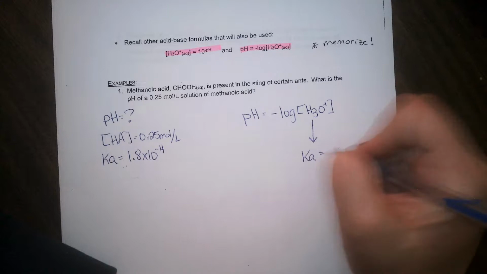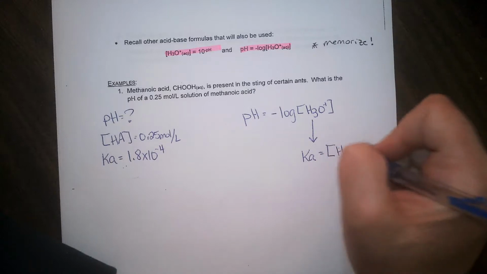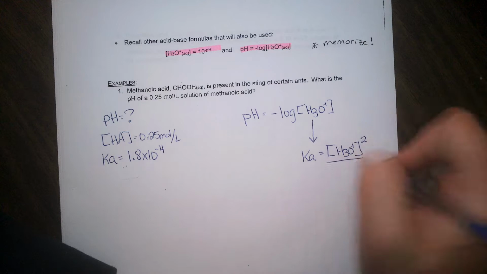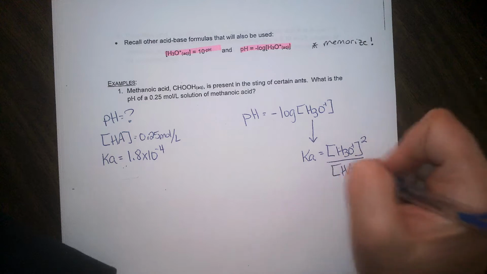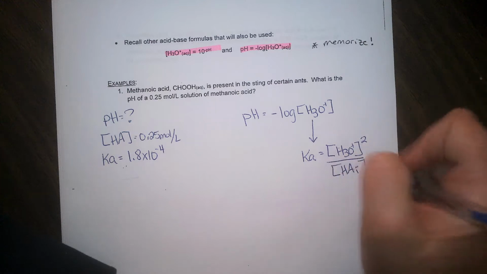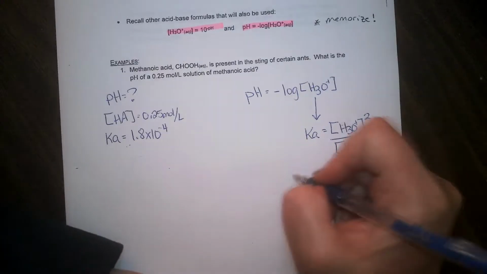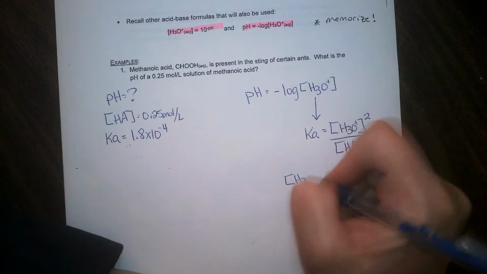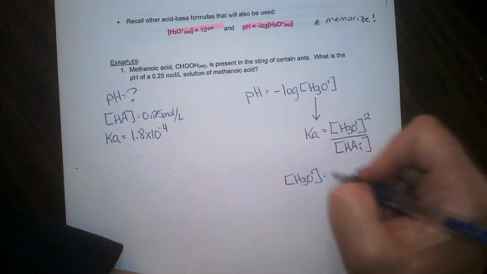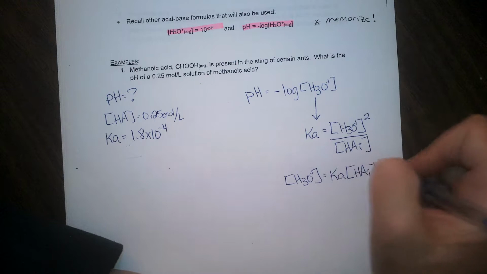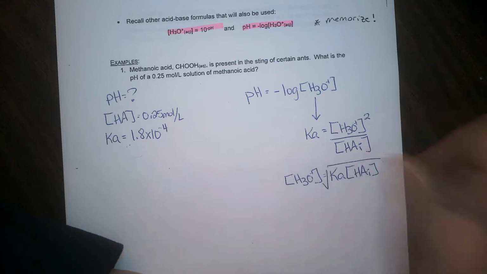Ka is equal to the hydronium ion concentration squared divided by the initial concentration of the weak acid. So the hydronium ion is equal to Ka times HA initial, and that's all square rooted.